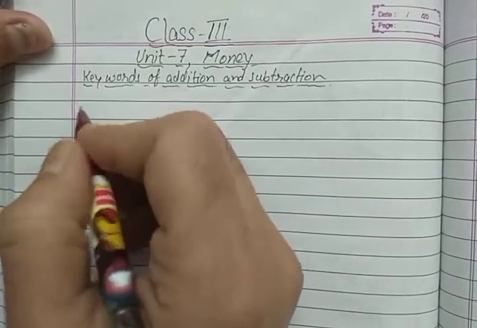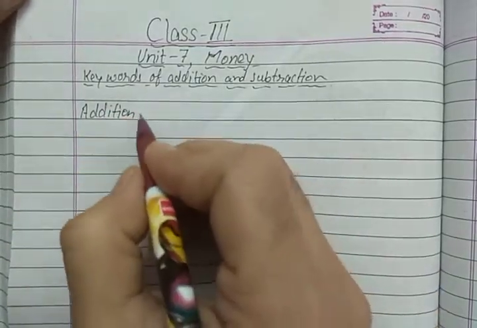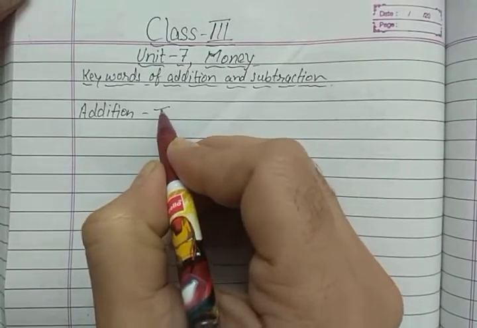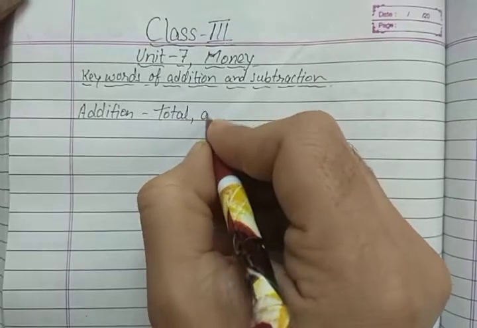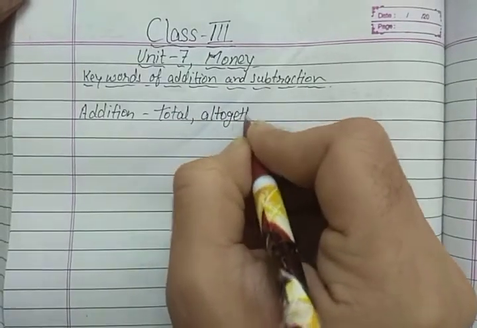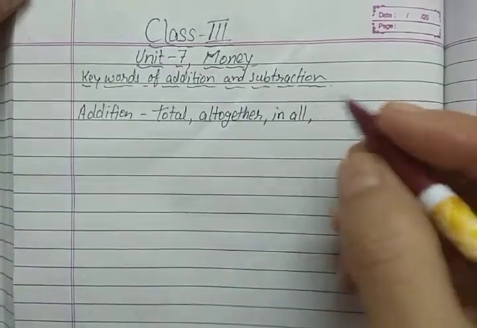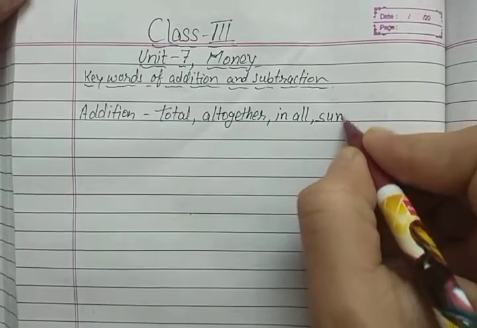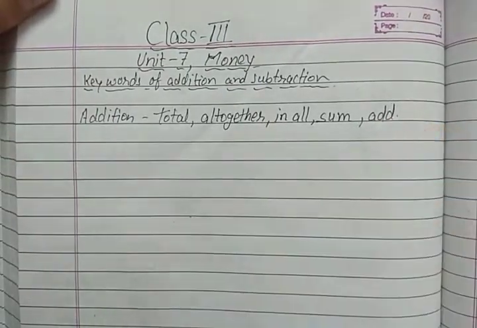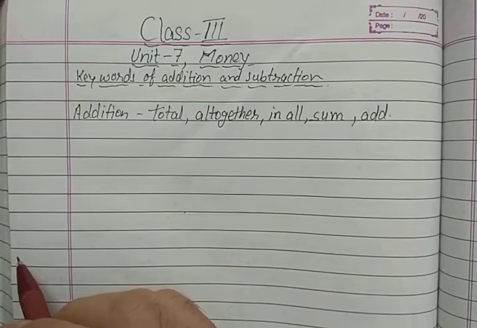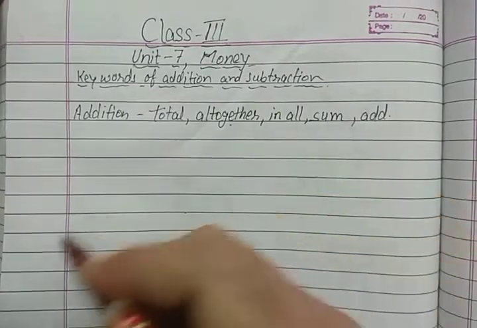So for addition, we have total, altogether, in all, sum, add. So these are the keywords of addition: total, altogether, in all, sum, and add.